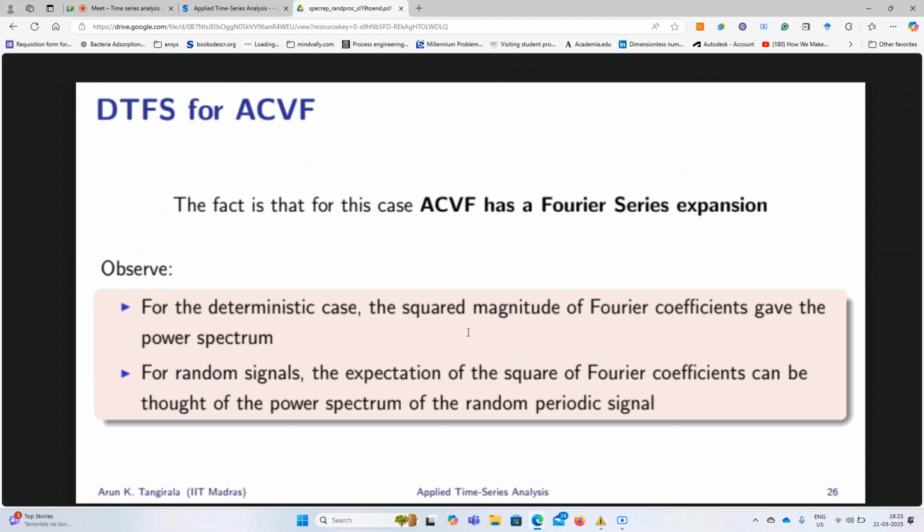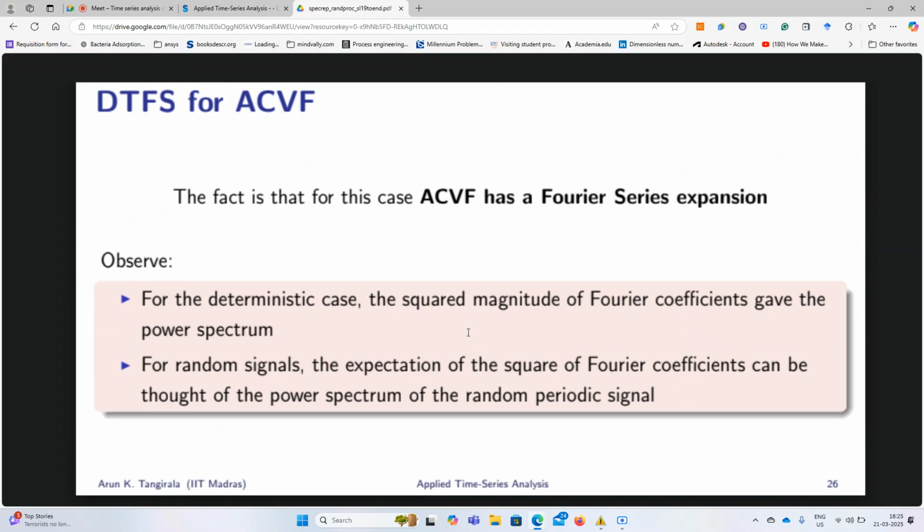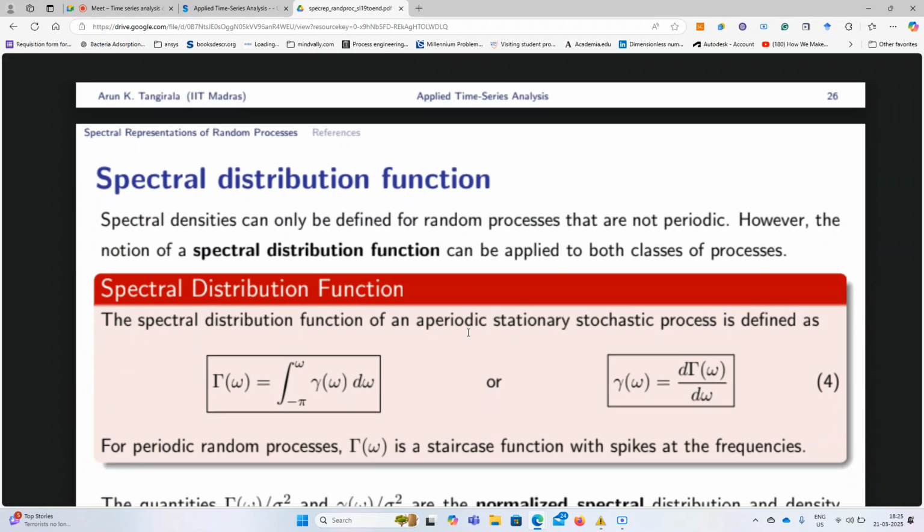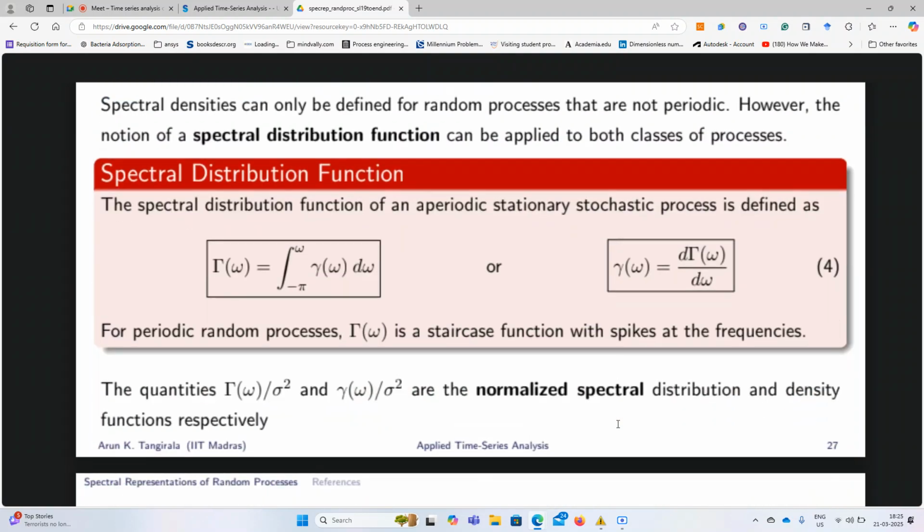And ACVFs have their Fourier series expansions. So that is what we will see most of the time. And the spectral distribution function gamma is given here.